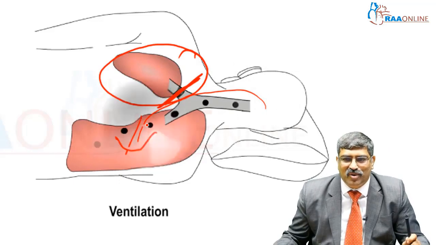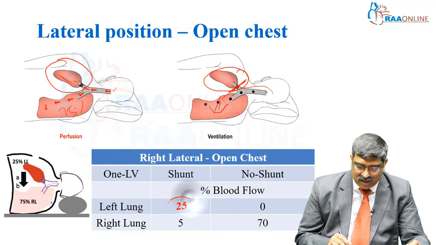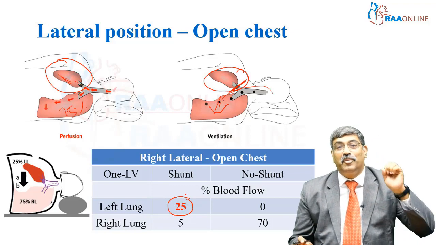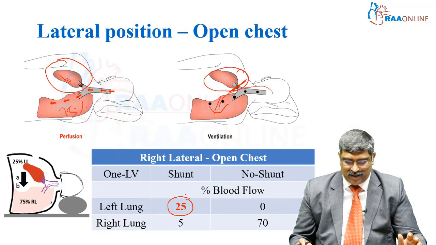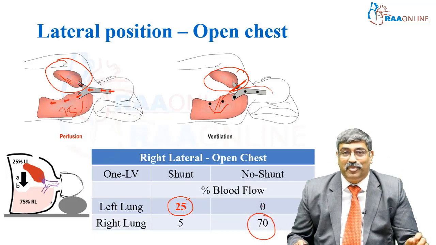So what is going to happen on the physiological aspect? The left lung has only blood flow and no ventilation at all, so it is going to contribute about 25% of the shunt. The right lung receives around 70% of the blood flow.